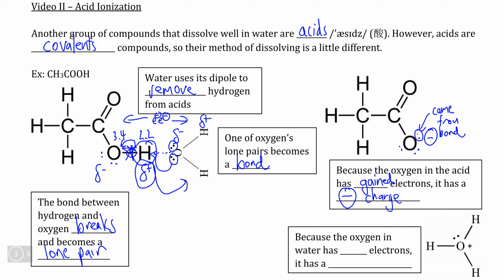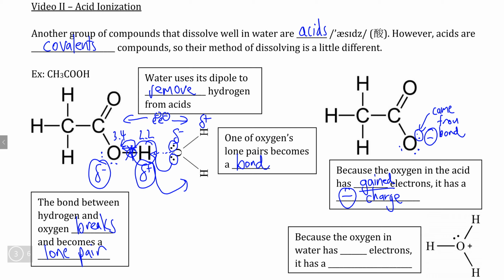This is different than before, where the oxygen had a partial negative charge because of unequal electron sharing, but because we broke this bond and moved the electrons to the oxygen, it has actually gained a full negative charge from taking electrons that it did not have before.